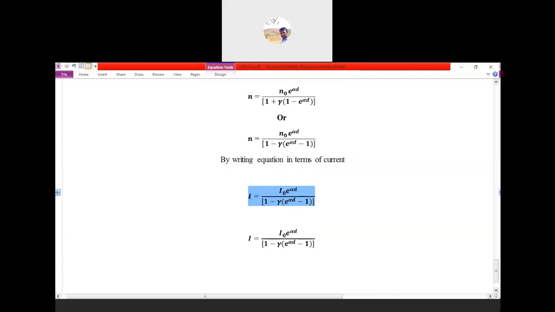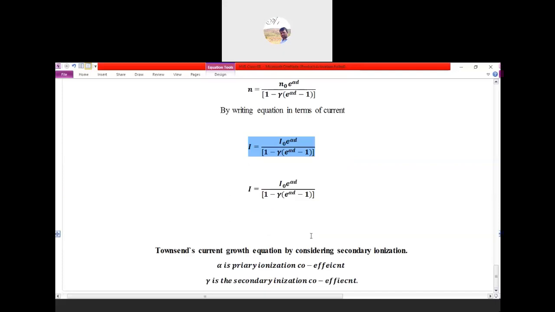By simplifying the equation, we take the numerator and denominator. We take the LCM as 1 plus gamma and substitute these values.